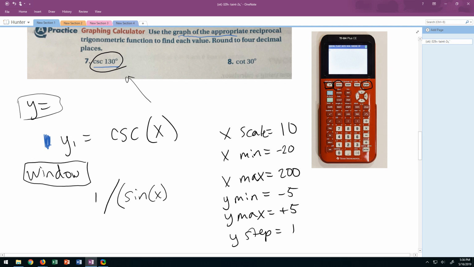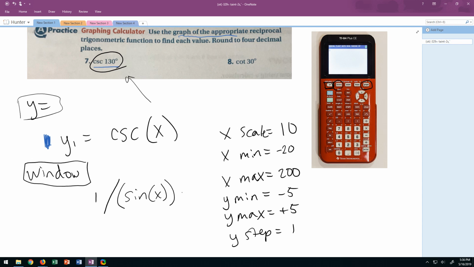So that's how I have to put it into my calculator: 1 divided by the sine of x. All right, nailed it. Now I gotta switch to degrees mode. No, I'm already in degrees. That's good. Okay.